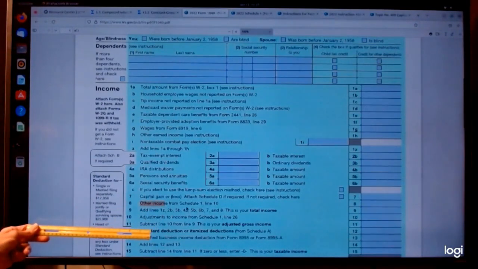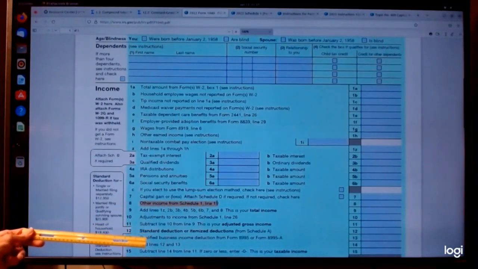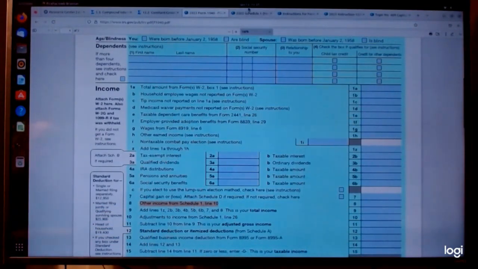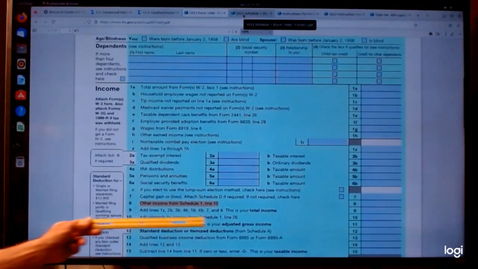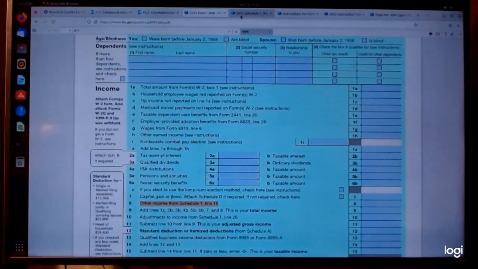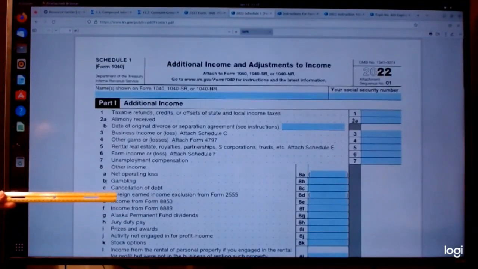This is where that's where the lottery goes, the lottery winnings. And that says Schedule 1. So if we go to Schedule 1, there's our Schedule 1 gambling. And that's where our W2G goes.